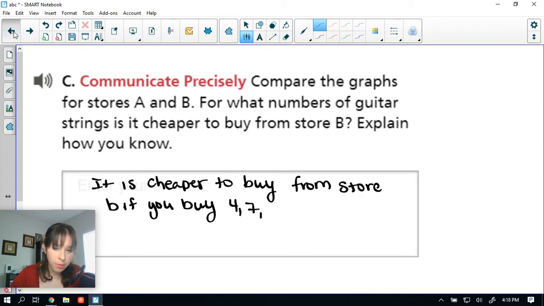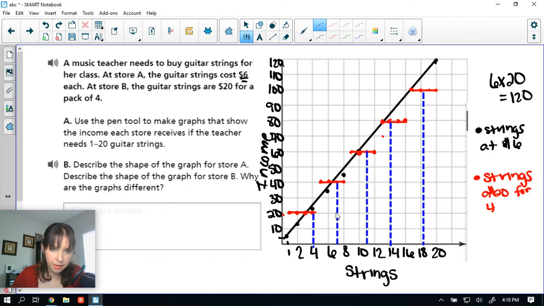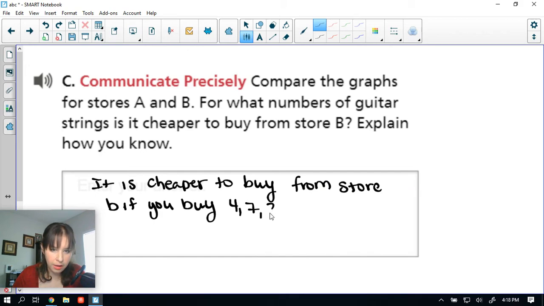And also, if you buy 8 guitar strings, it's still cheaper, but at the 7 point it is. So we're going to include that 8.